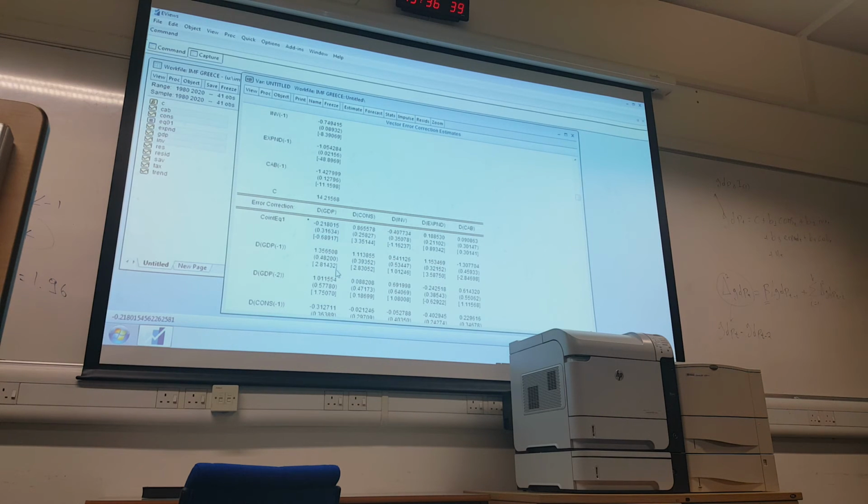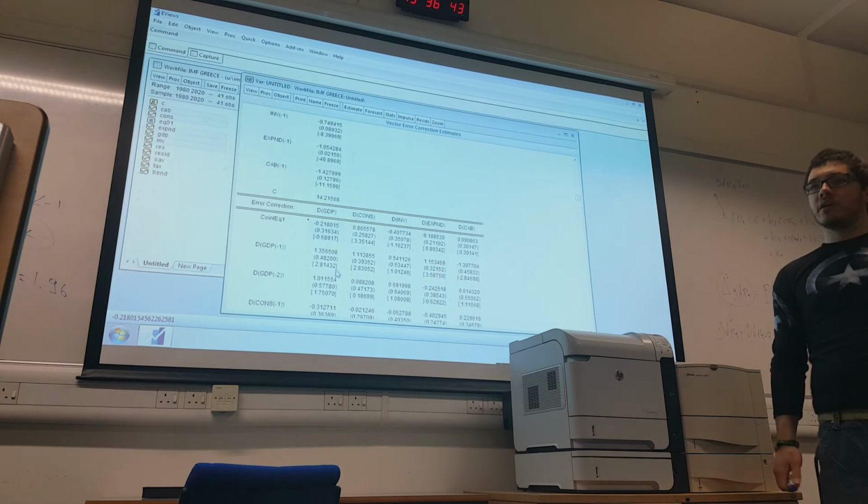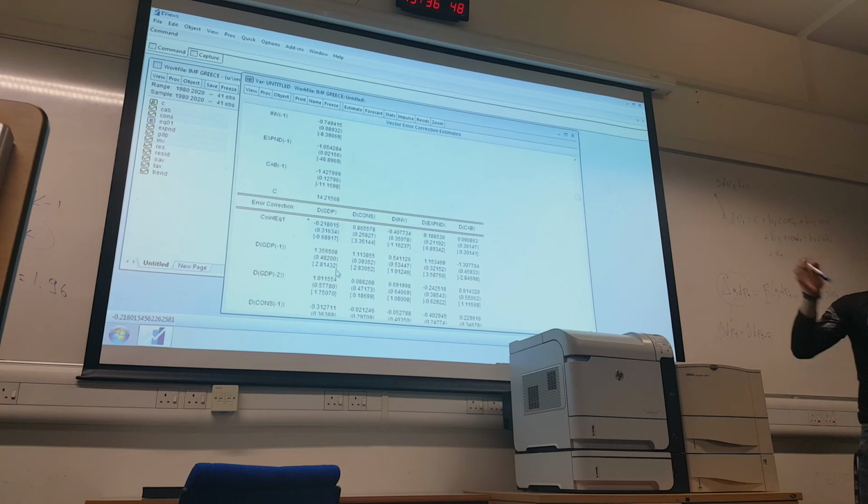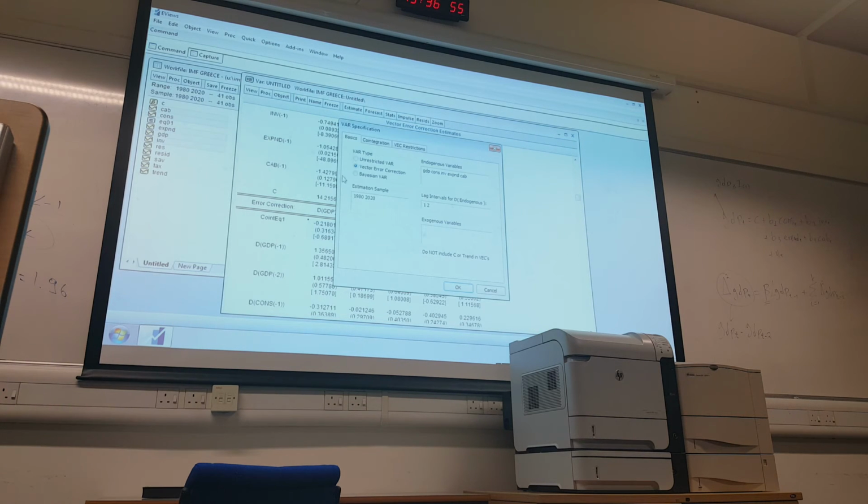Okay, now assume that we got insignificant results by the cointegration test, meaning that there is no cointegrating relationship among our variables, so we can't estimate a vector error correction model, and instead we have to estimate a VAR.